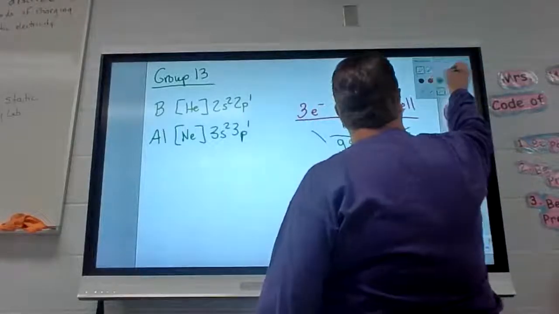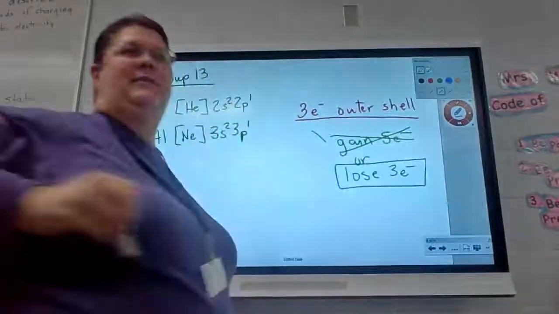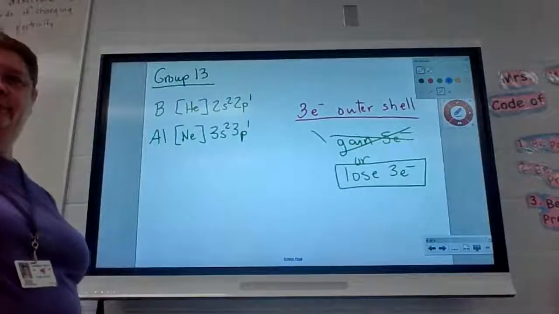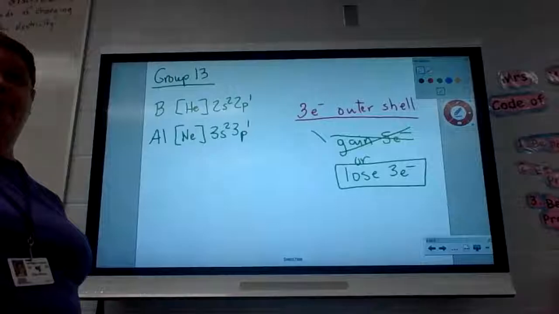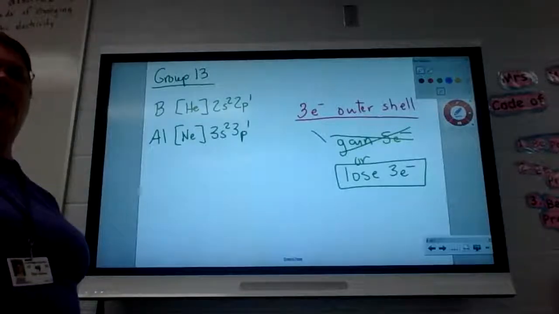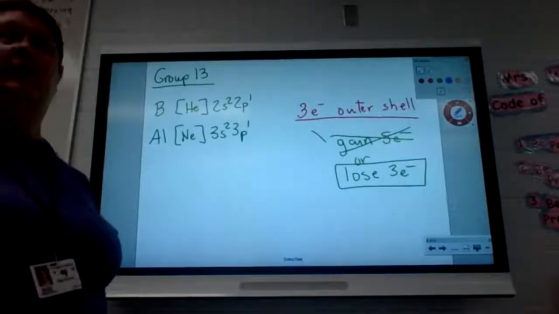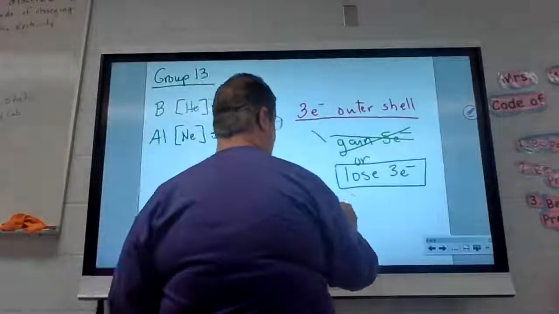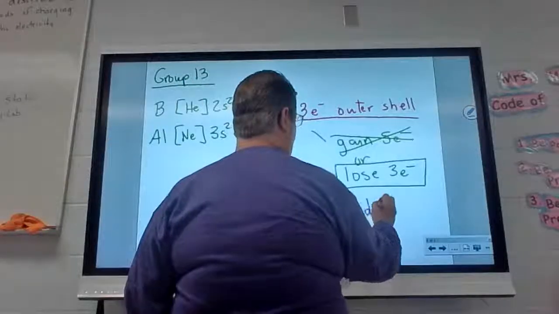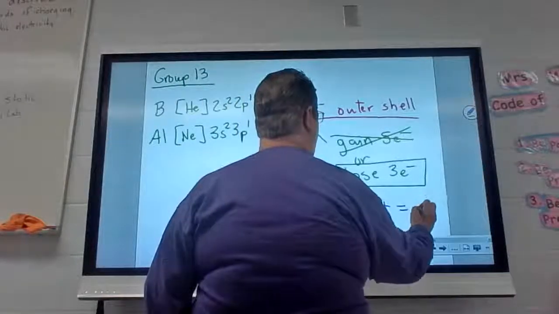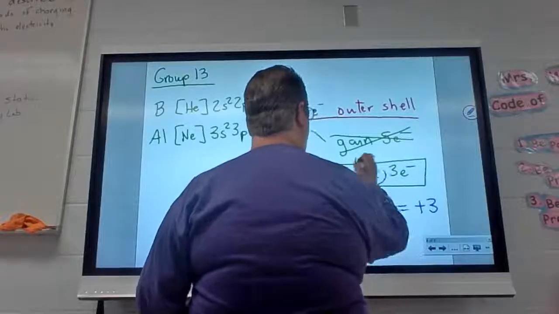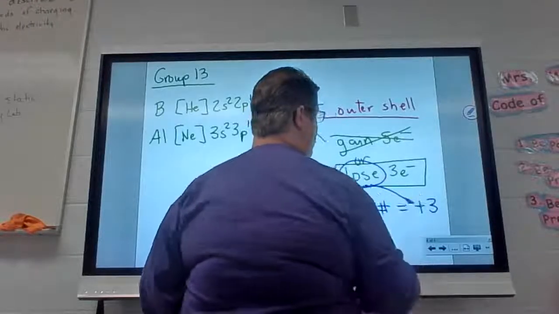So if we lose 3, which oxidation number works? Is it a positive 3 or a negative 3? It's positive 3. The oxidation number is positive 3 because you said lose. Lose is positive.